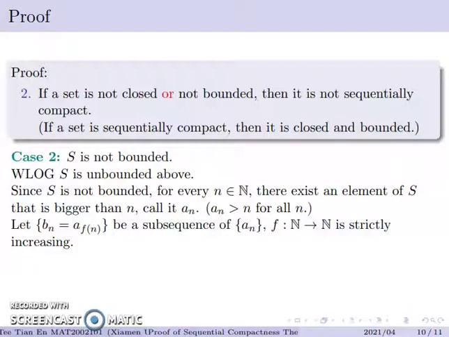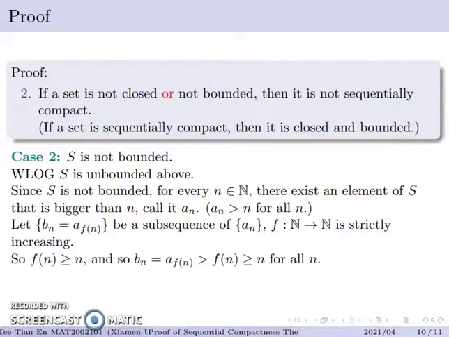This is also the definition of a subsequence, and therefore we can say that f(n) is larger than or equal to n, because f is a strictly increasing function. And also Bn is larger than f(n), which is larger than or equal to n, for all n. This is because we have An larger than n for all n, so A_f(n) is larger than f(n). And this proves that Bn is also unbounded, because Bn is larger than n for all n.